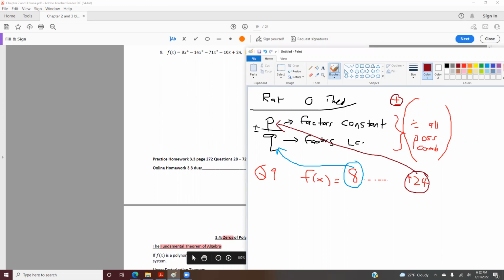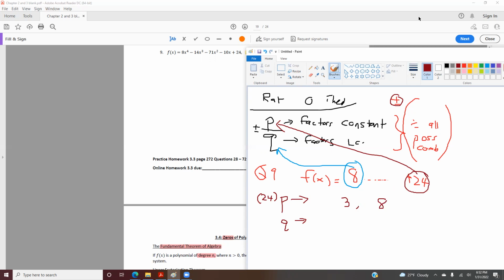So can someone tell me what is the factor of 24? That means what times what is 24? 8 and 3, I put 3 and 8, I just arranged it nicely. What else besides 3 and 8?